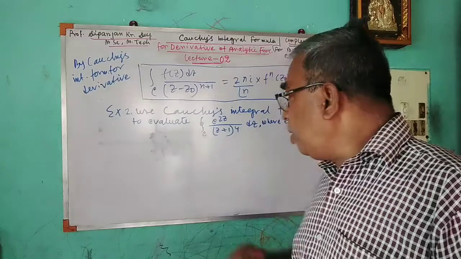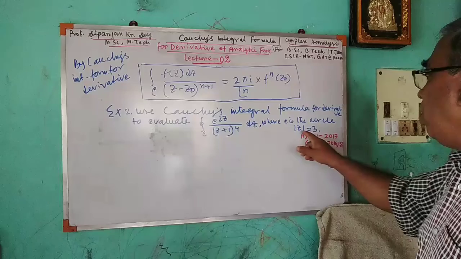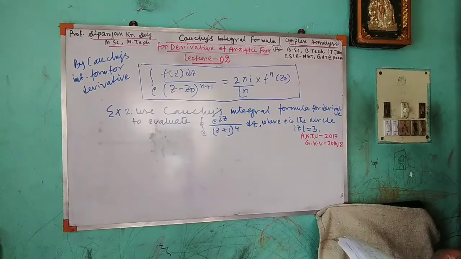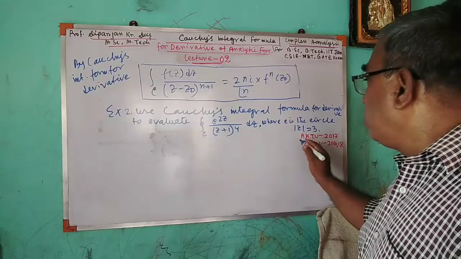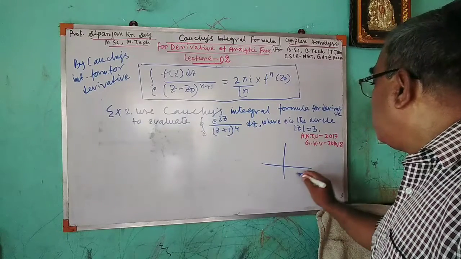With this sum, first of all, you have to see whether C is a circle of mod Z equal to 3. Mod Z equal to 3 represents a circle whose radius is 3 and center is 0, 0.